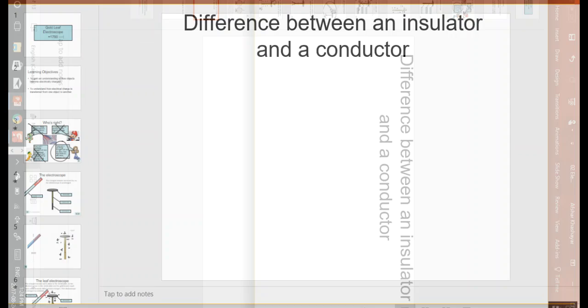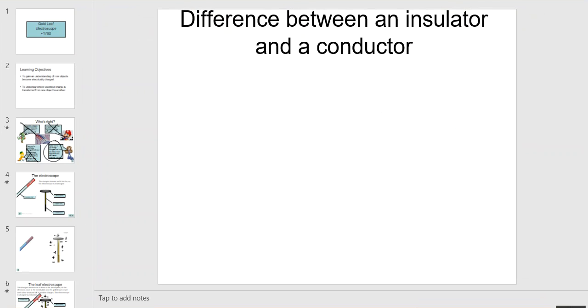There's a difference between an insulator and a conductor. Now, what is that? What do you guys know about these two terms? Give me an example. Tell me what the term conducts means for you. It doesn't have to be an official science definition.